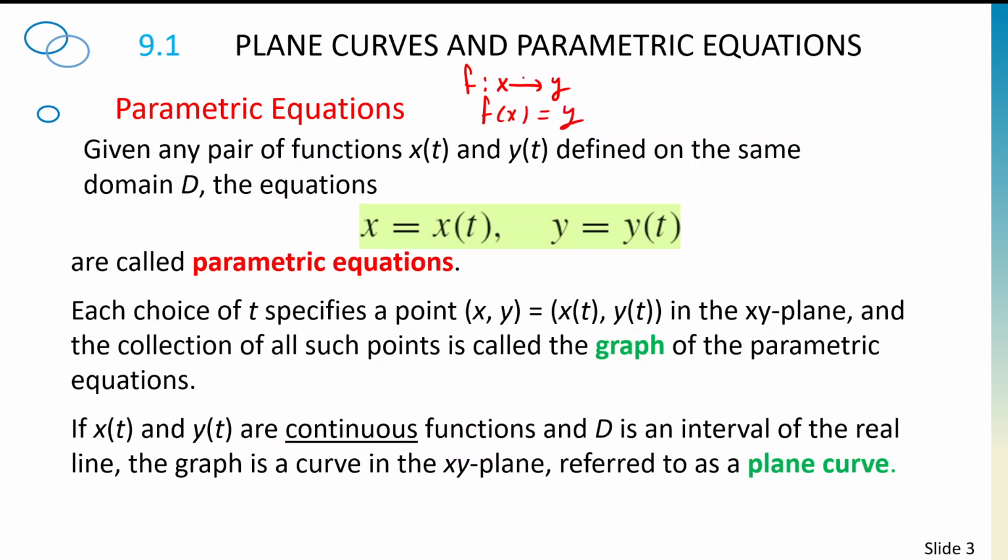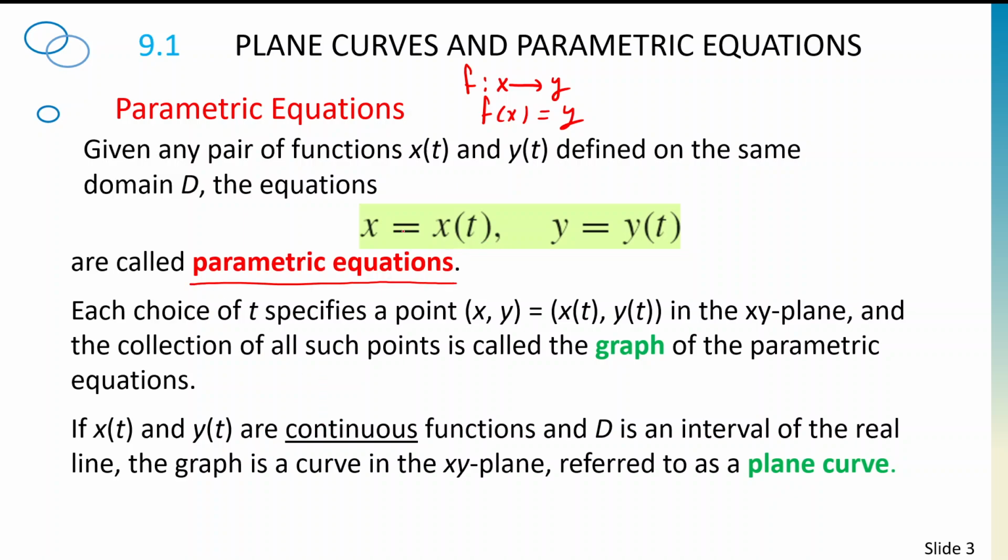Now, for these x and y that we know from our previous studies, from now on we'll use x as a function of t. t is the parameter, usually used to represent time, and y equals y of t. So both our variables x and y are now functions of t. And these two equations, x equals x of t, y equals y of t, are what we call parametric equations.